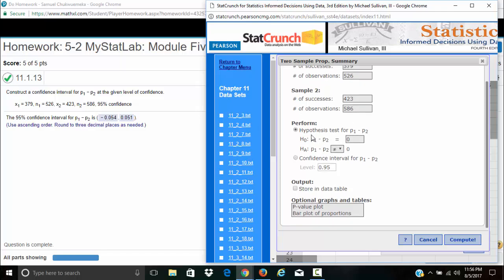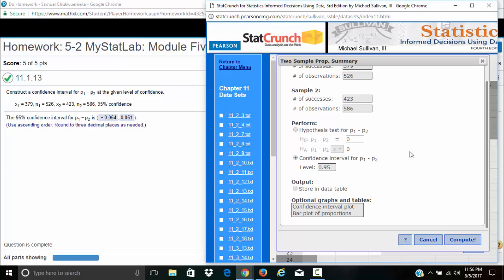Then perform, you're not performing hypothesis tests for P1 minus P2. You want to construct a confidence interval for P1 minus P2, so you check this box. And once you check it, you make sure that the confidence level, right now it is 0.95, which is 95%.